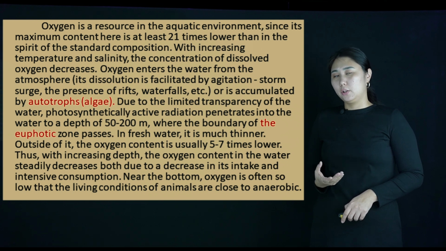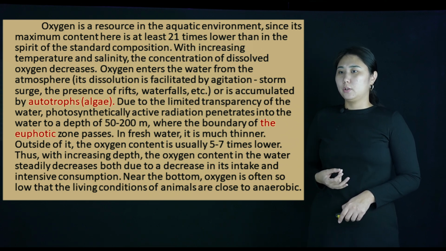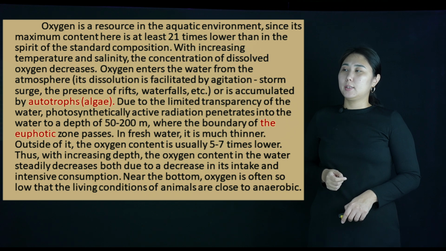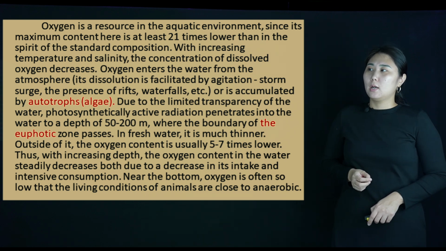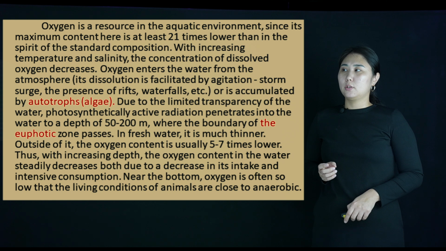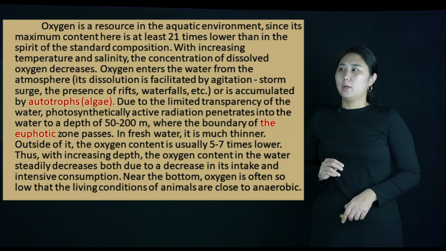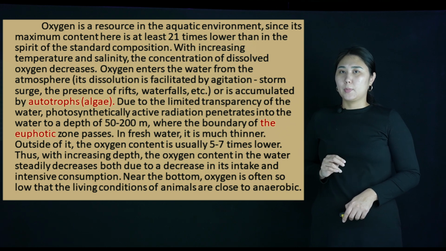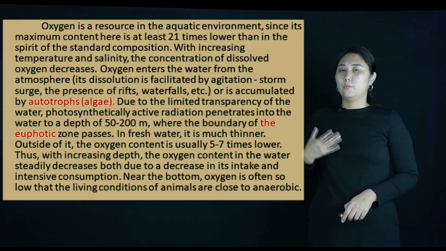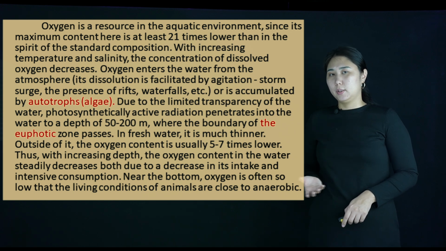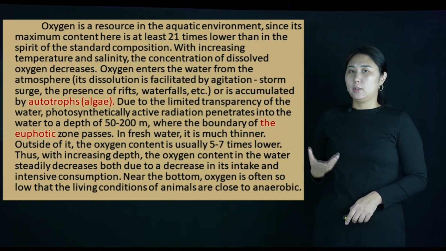For example, algae are autotrophs which produce oxygen by themselves. Due to the limited transparency of the water, photosynthetically active radiation penetrates into the water to depths of 200 meters, where the boundary of the euphotic zone passes. So oxygen is a very important component of the aquatic habitat for living animals.